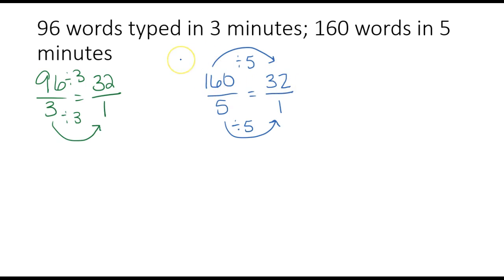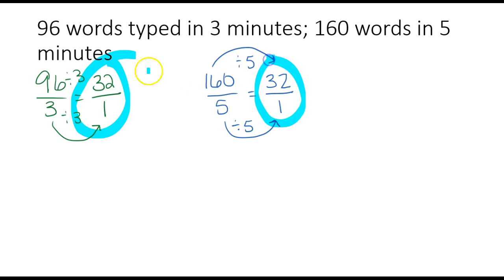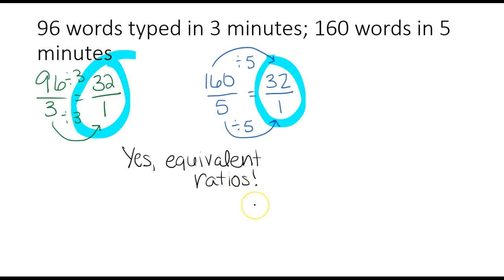Grab your calculators, double check that for me, please, because I know that you guys will, and you guys are really good at that. So 160 by 5. Okay, awesome. Are they the same? So again, we're going to look at this part right here. If we end up the same, then we can say yes or no. In this case, we can say yes, equivalent ratios. Woohoo! Rock on, people.